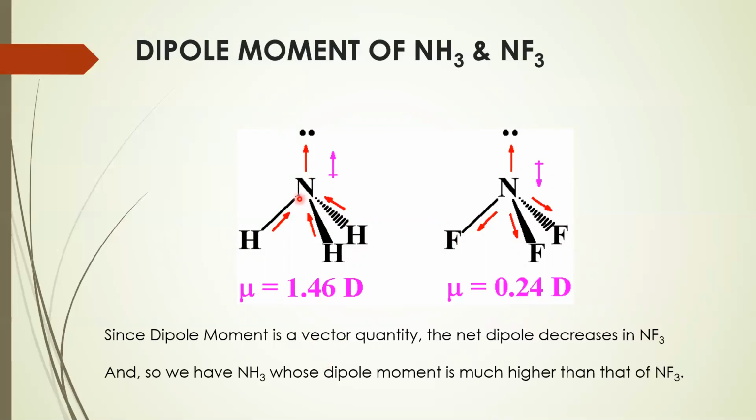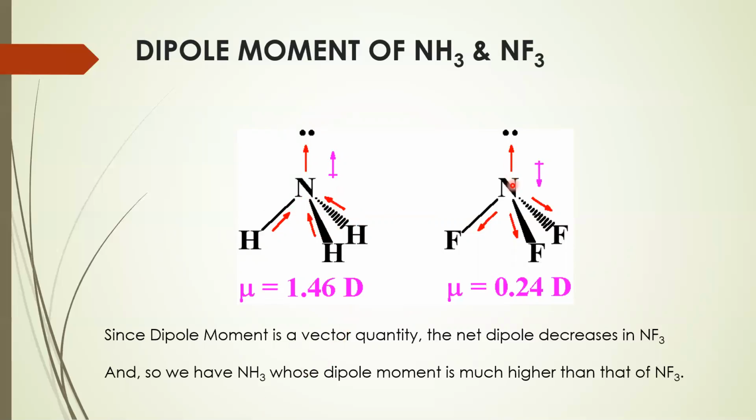In ammonia, nitrogen has one lone pair of electrons which is not participating in bond formation, and the rest participate in bond formation. The hydrogens are attracted towards the nitrogen, so you can see the upward arrow. Hence, its dipole moment results in 1.46 debye.